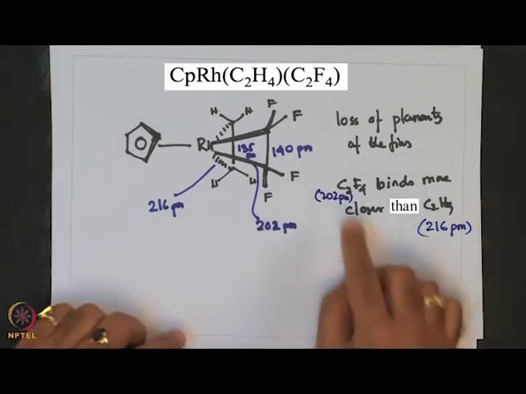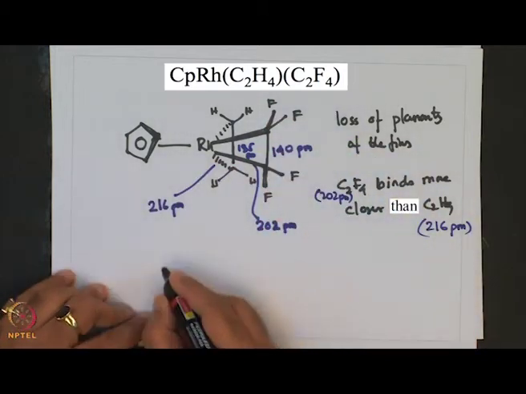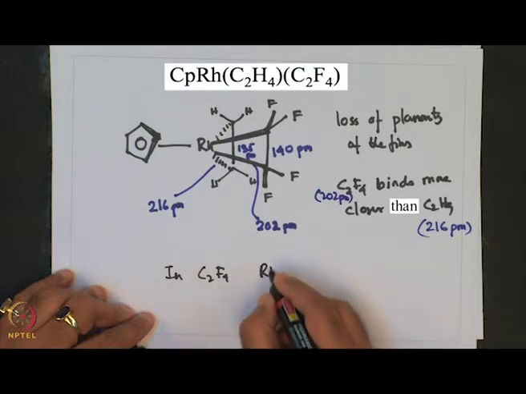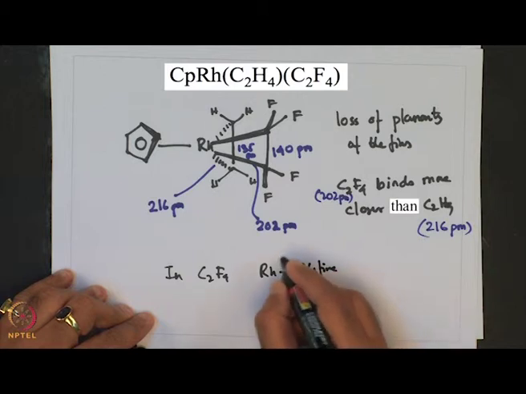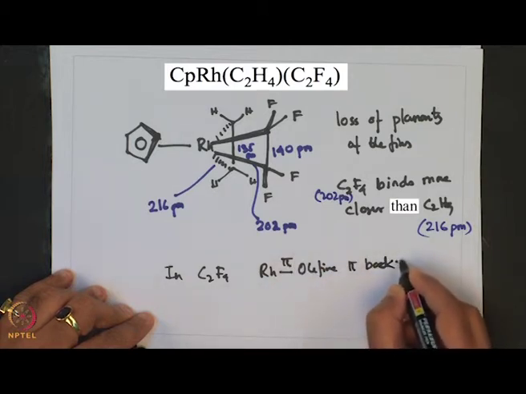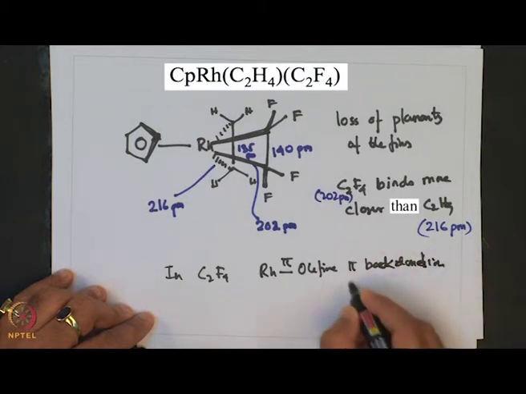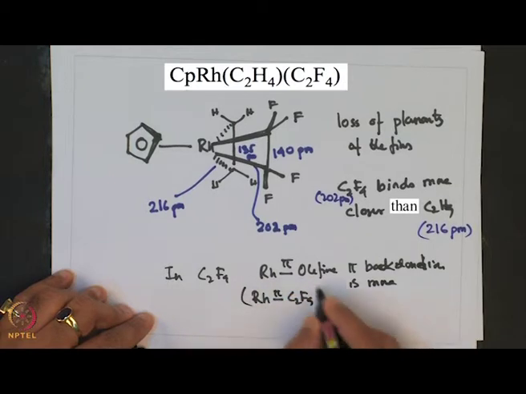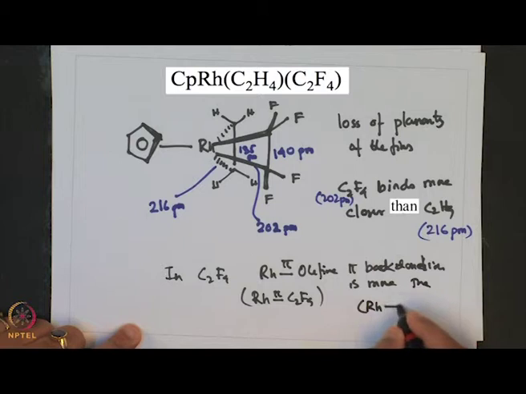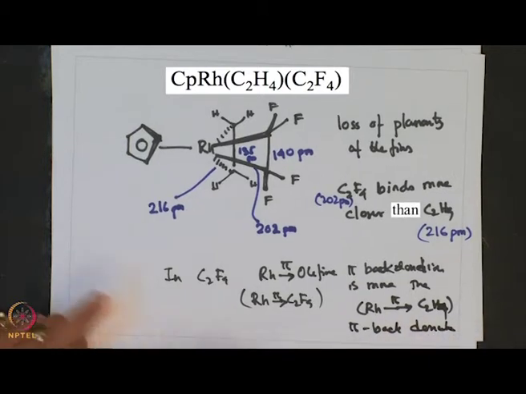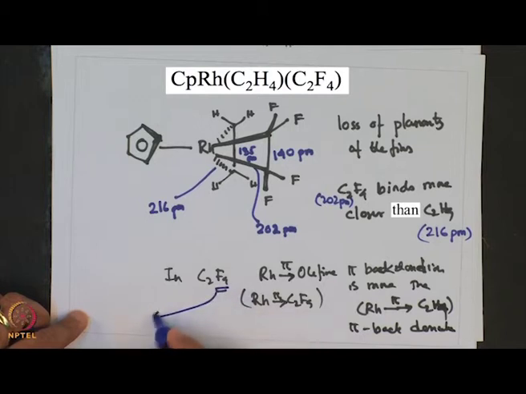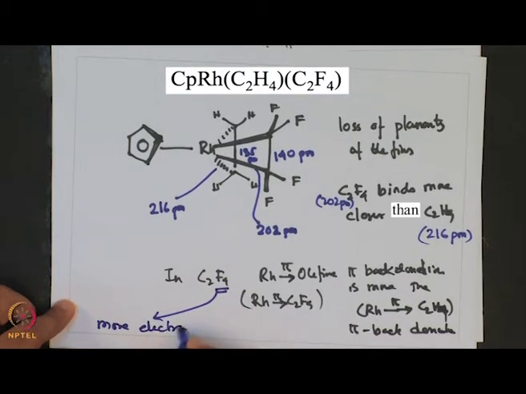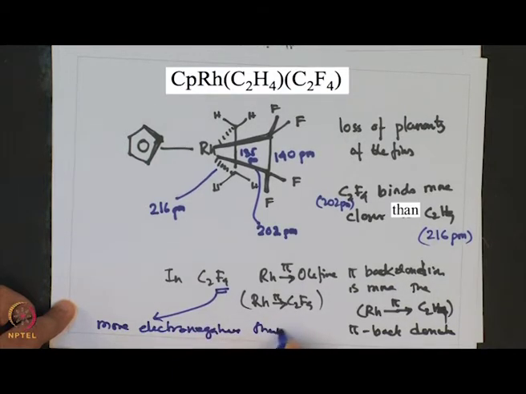Now, the reason that C2F4 is more tightly held is because in C2F4 the rhodium to olefin pi back donation is more, and this interaction can be represented as rhodium to C2F4 pi back donation being more than rhodium to C2H4 pi back donation, and that is because fluorine is more electronegative than hydrogen.